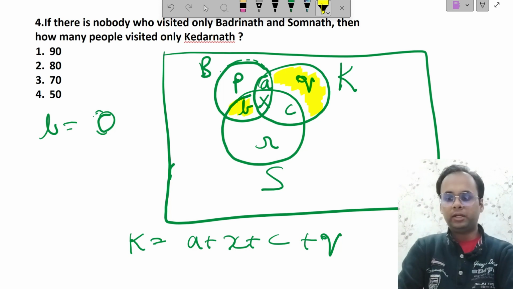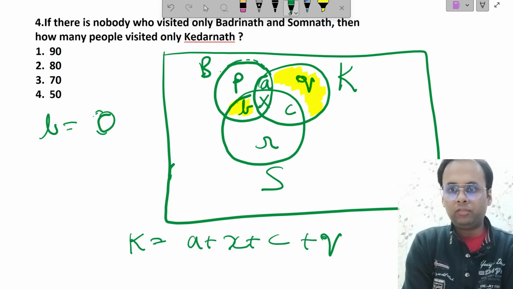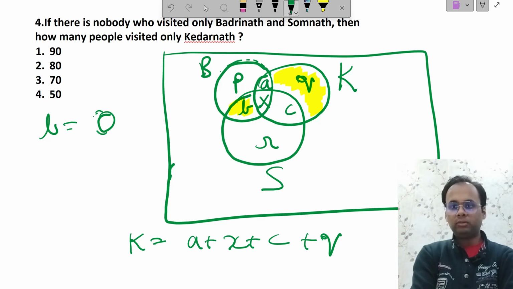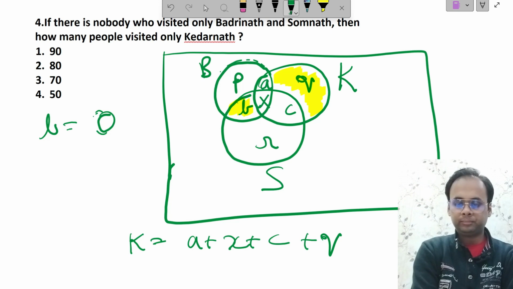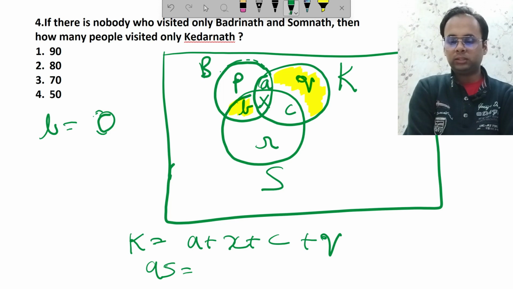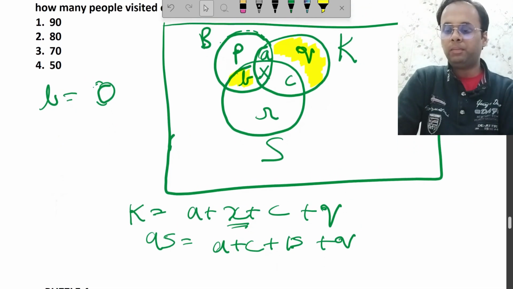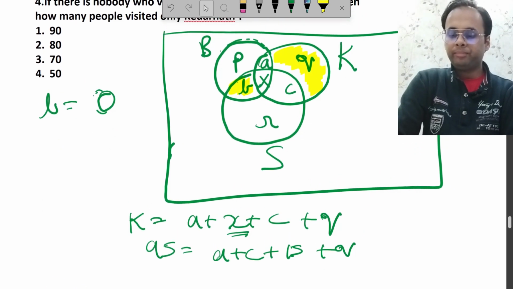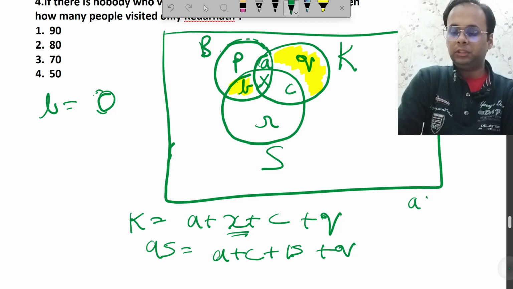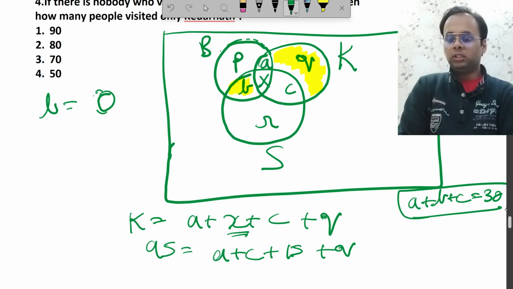And what is the value of K? It is 95. Okay, so we already have the value of K, which is 95. And what about X? We have the value of X, which is 15. So A plus C plus 15 plus Q, and we already have the value of A plus B plus C above: A plus B plus C is equal to 30, that we have already found initially.